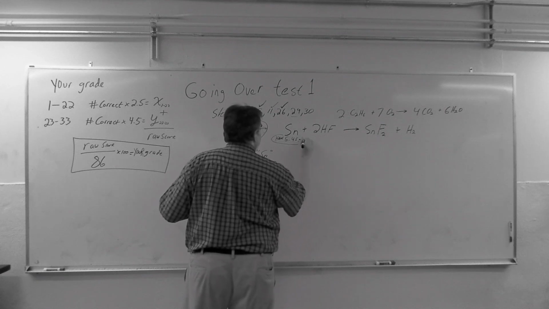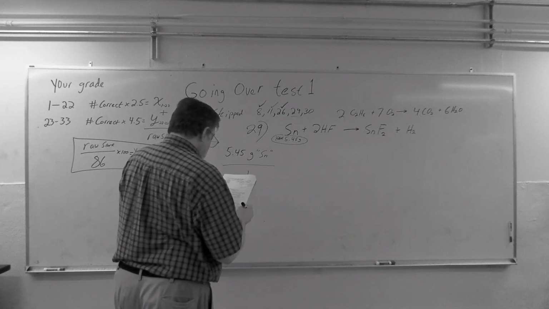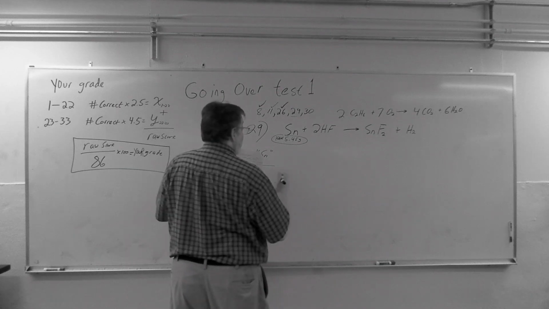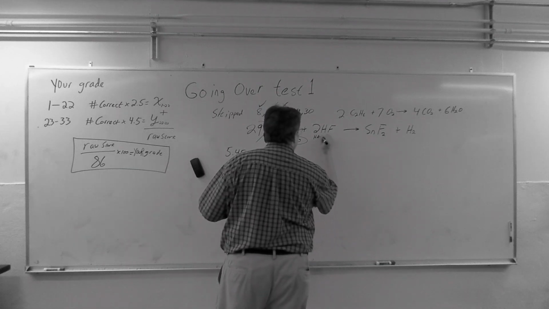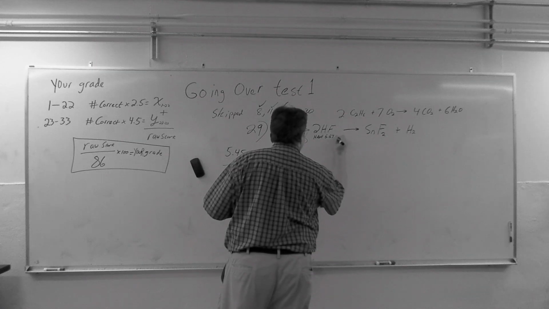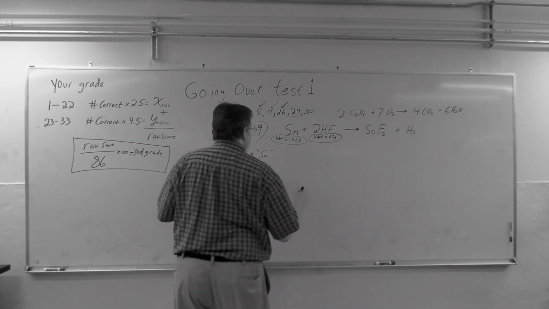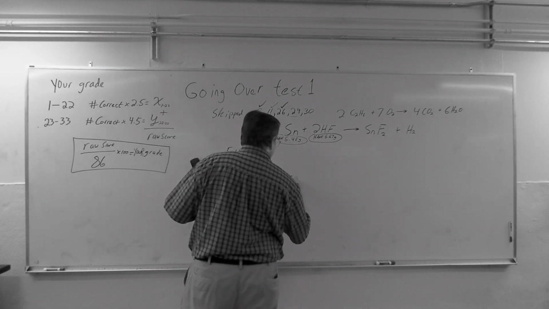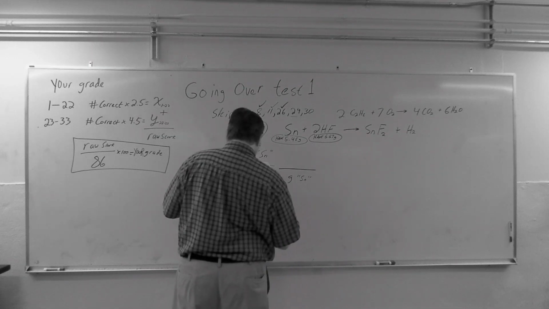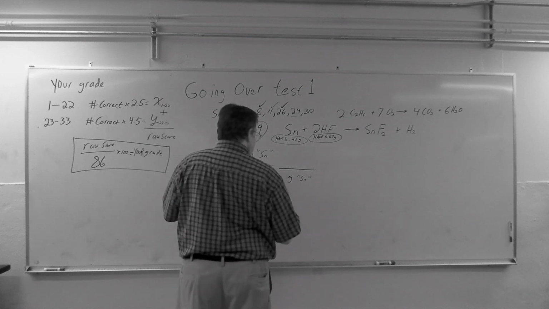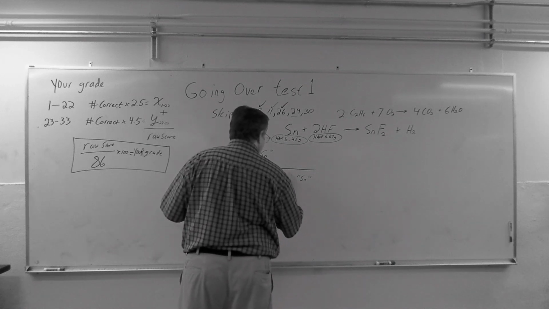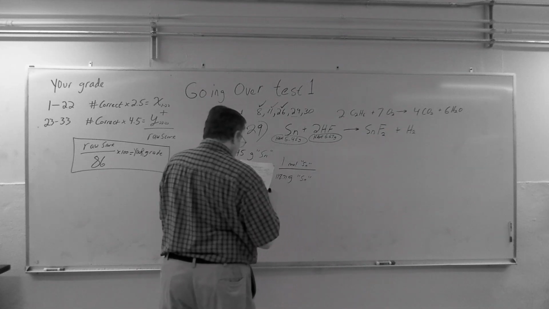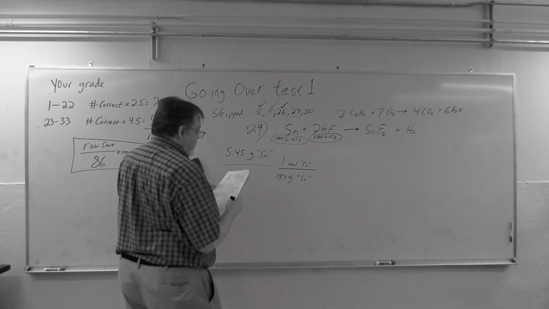This is what we have of Sn, and what we have of HF, 5.67 grams of HF. But I chose to compare Sn first, so grams of Sn. I'll give you that 118.71. 118.71 is 1 mole of Sn.